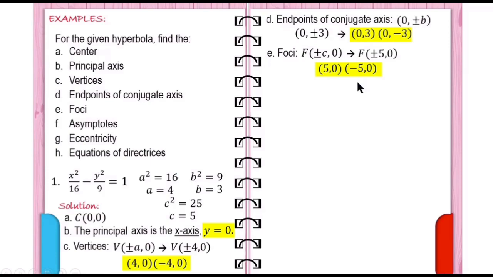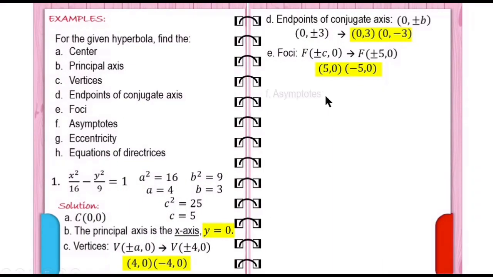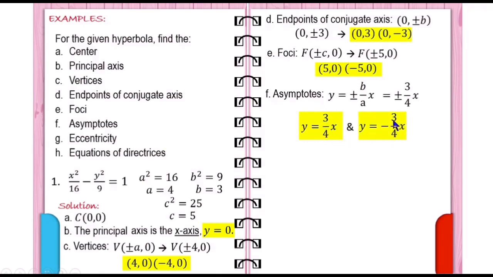For the asymptotes, we use the equation y equals plus and minus b over a times x. Replace b with 3 and a with 4. So the asymptotes are y equals 3 over 4 times x, and y equals negative 3 over 4 times x. The eccentricity is c over a, or 5 over 4, which is equal to 1.25.